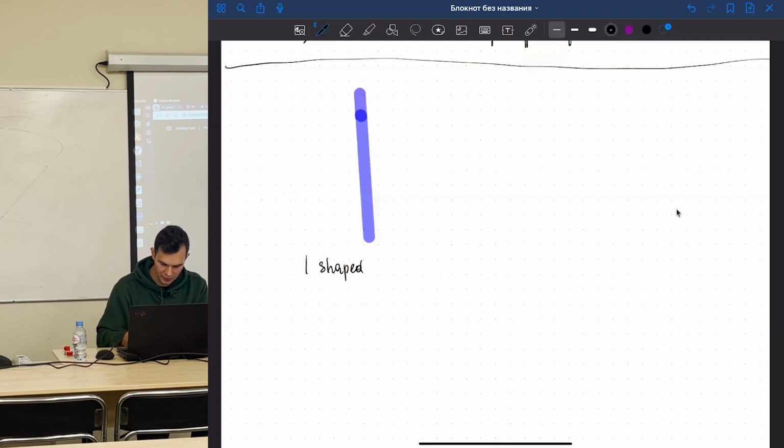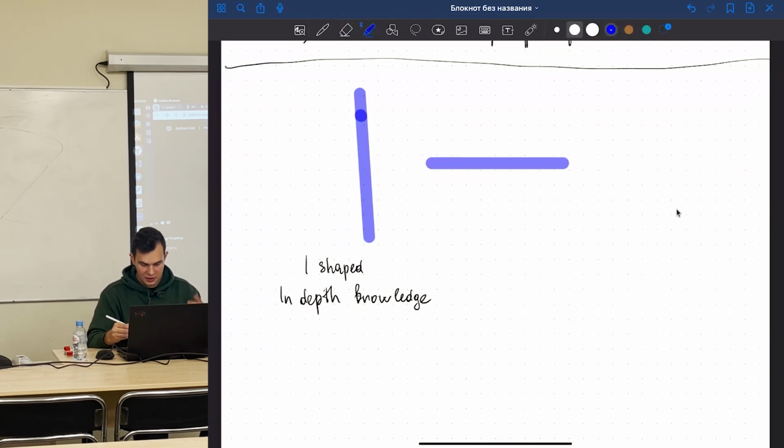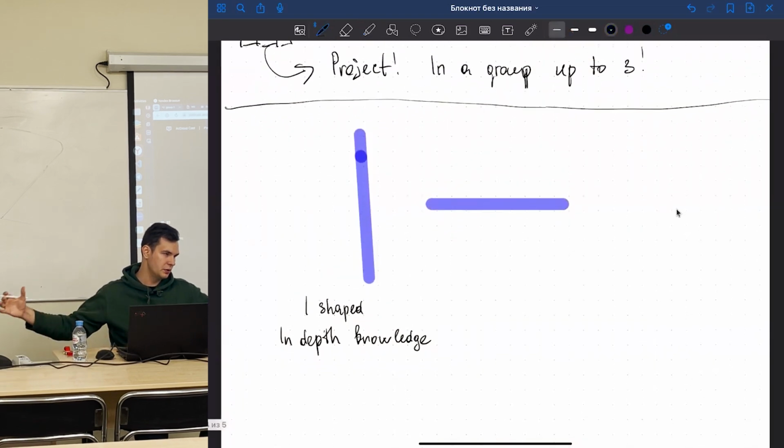The idea is that a person has in-depth knowledge in something specific, like the vertical line of the letter I. Another one is a horizontal line, when a person has broad knowledge.